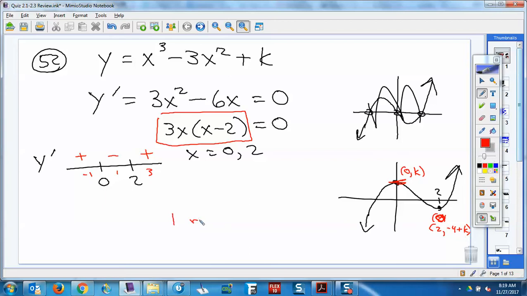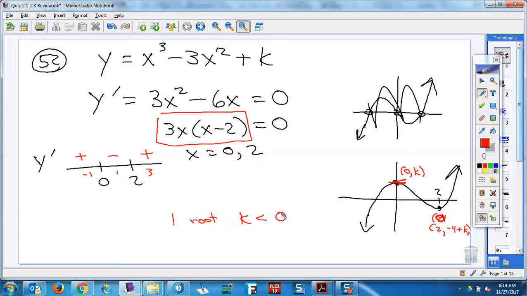So one root, or one x-intercept, is going to be when k is less than 0. For sure. When k is negative, that means this graph is going to be down below here. Now, also, it'll have one root when this y value goes up.